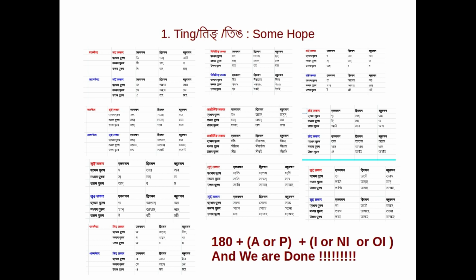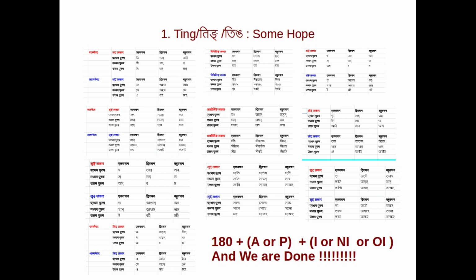So, this is our chart for ting pratyaya. Don't worry, you will find it in a lot of places if you search on the internet. For now, just understand the structure. So, we have 180 ting pratyayas for 10 different tenses.